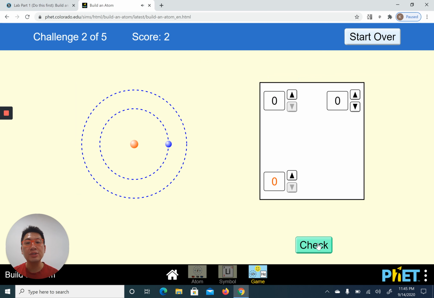Okay, 2 more of these. Ooh. Okay, what is the bottom number? Number of protons. I see one thing there, 1. What is the top number? It's the mass number, number of protons plus neutrons.